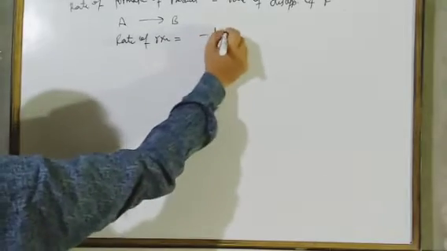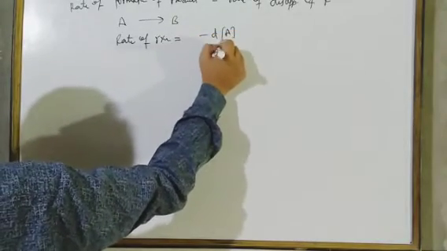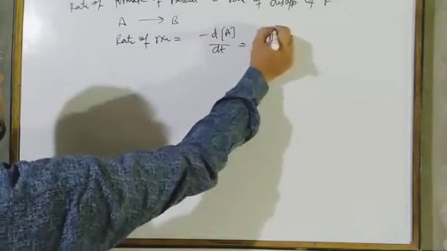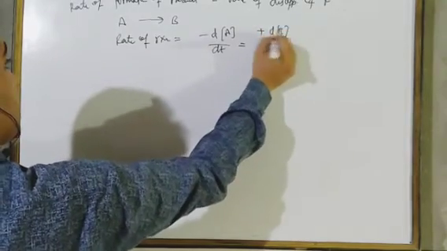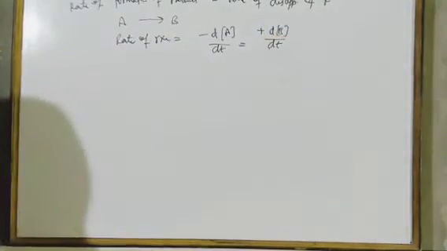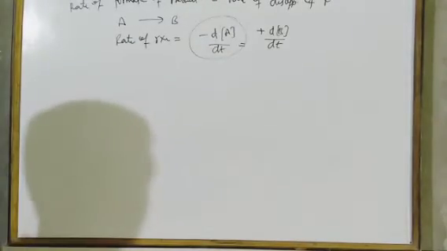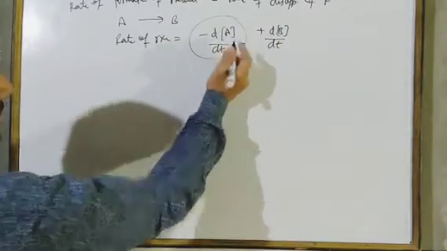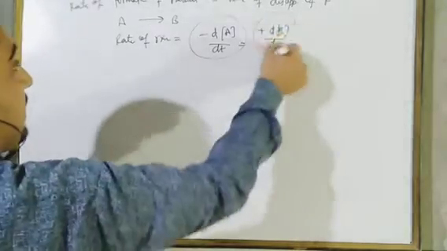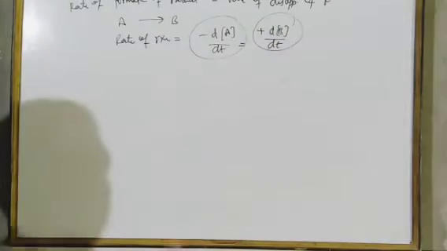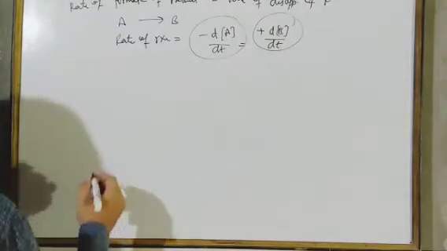That's why if in this reaction A converts to B, the rate of reaction will be minus d[A] over dt is equal to plus d[B] over dt. This is the rate of disappearance of reactant, how much reactant is disappearing, and this is the rate of formation of product, how much product is being formed.